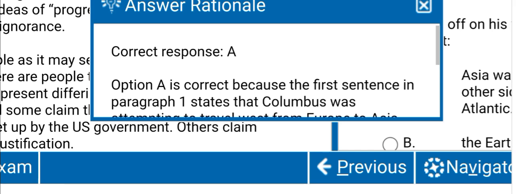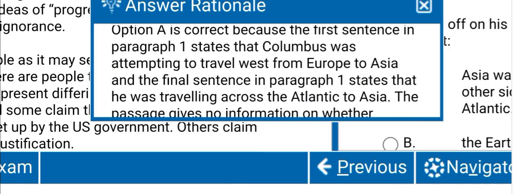It is correct because the first sentence in paragraph 1 states that Columbus was attempting to travel west from Europe to Asia. And the final sentence in paragraph 1 states that he was traveling across the Atlantic to Asia.